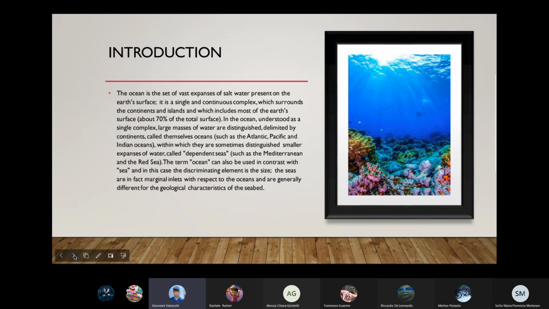The term ocean can also be used in contrast with sea, and in this case, the discriminating element is the size. The seas are in fact marginal inlets with respect to the oceans, and generally differ in the geological characteristics of the seabed.